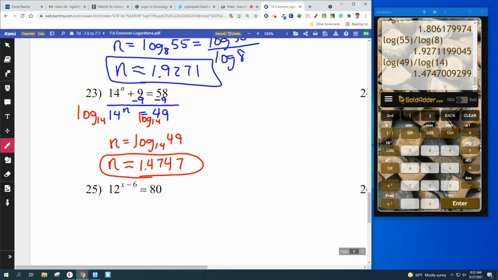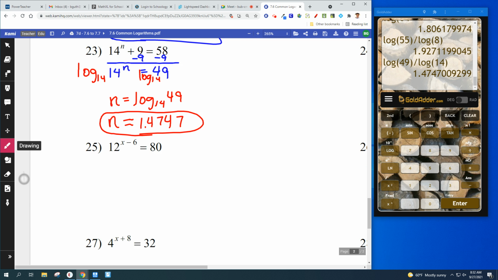Okay. Next one. We know we're going to add 6, but that's not our first move. If we're really trying to isolate the variable, you can't get to the minus 6 until after you get rid of the base 12. So we need to do the base 12 first, and then we'll add 6. Has to do with the order of operations. We're undoing the order of operations.